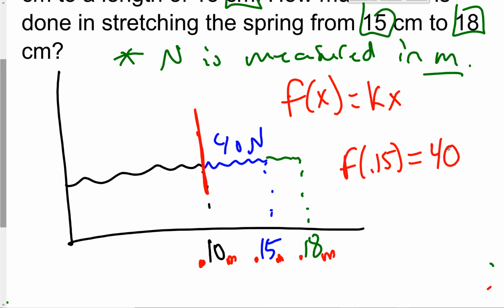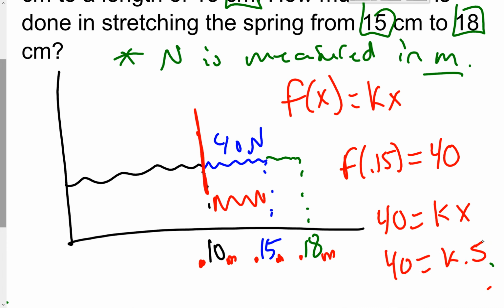And so then I can go ahead and enter that in, and now I can solve for k. I know my x is just the displacement between 0.1 and 0.15, so that's 0.05. And so now I can solve that, so k equals 800.